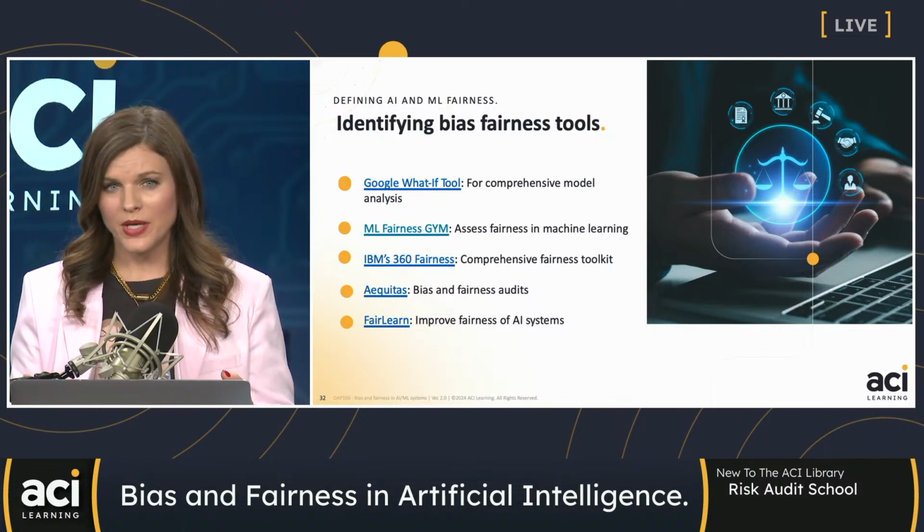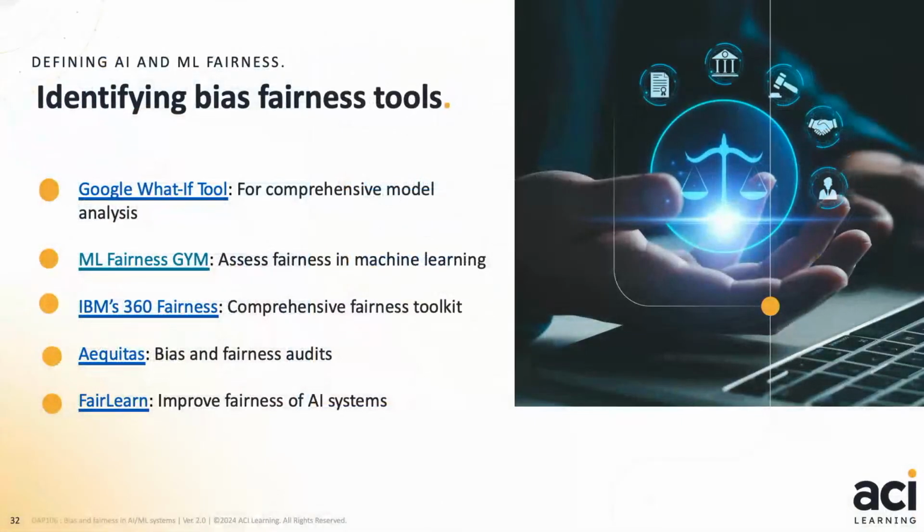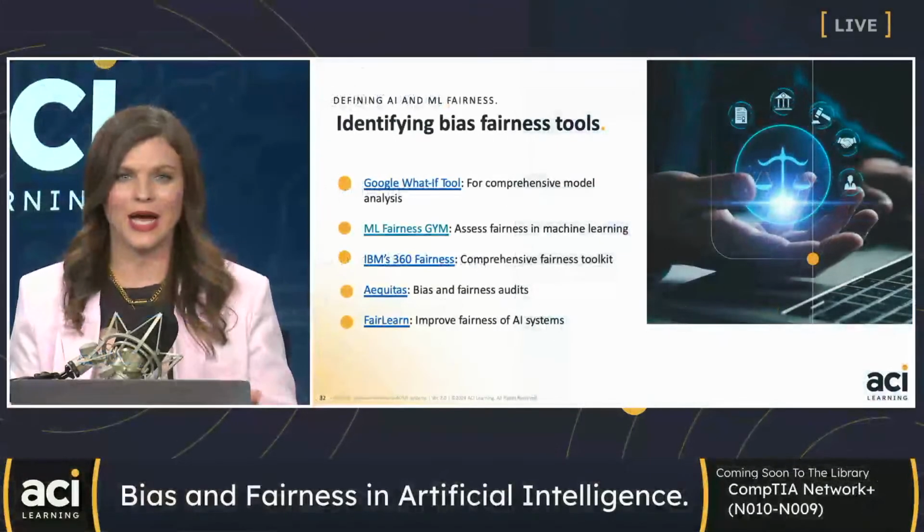The next one we have is IBM AI Fairness 360. This is pretty well known, I think, in the community. This is a fairness toolkit offering a comprehensive set of tools and algorithms to address fairness concerns in an AI algorithm. And then the next one, I'm probably going to say this wrong, Aequitas. It's a powerful tool for conducting bias and fairness audits, so that's great for machine learning applications.